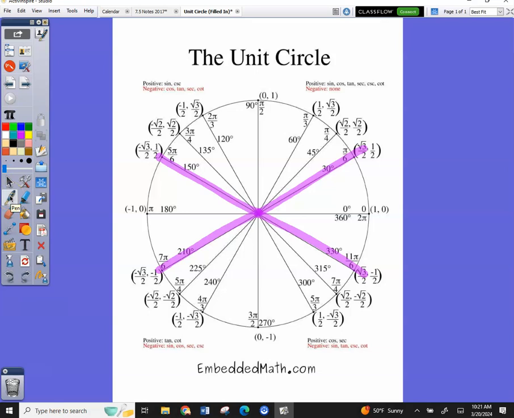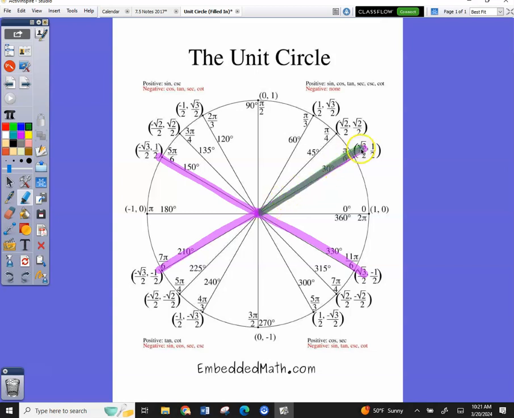If you didn't see it, we were trying to come up with a way to hit these four markers, but only in two ways. And it all has to do with the reference angle.